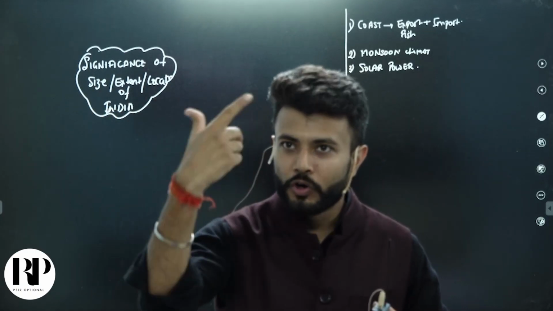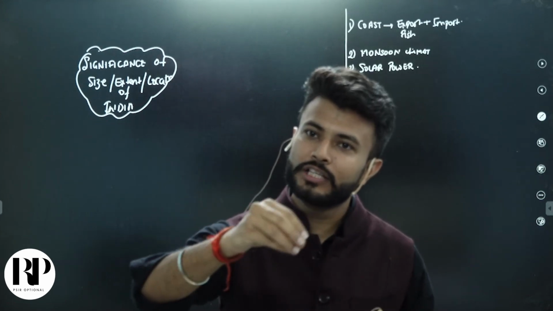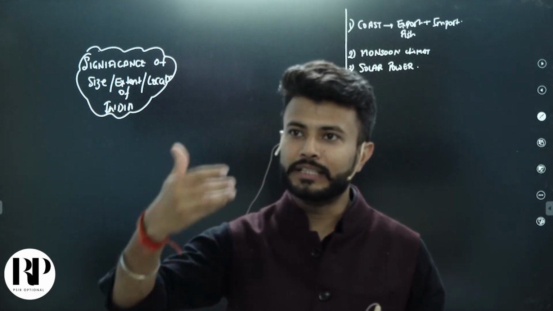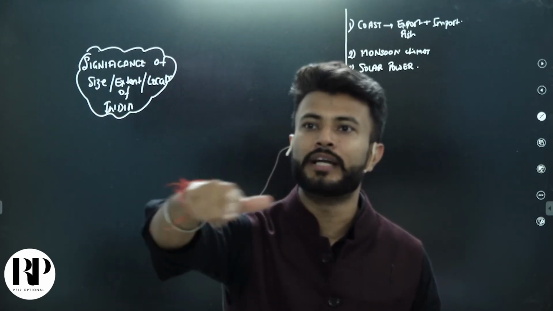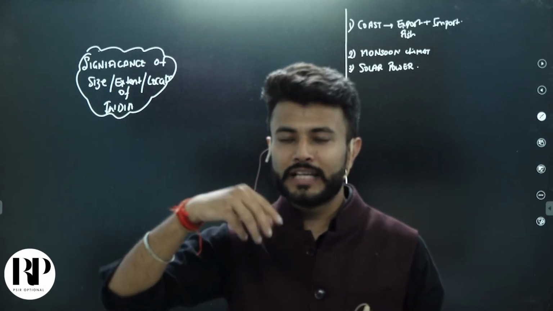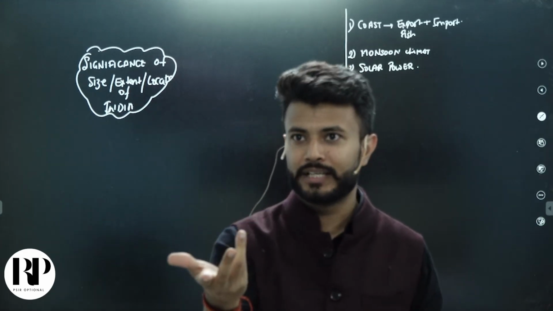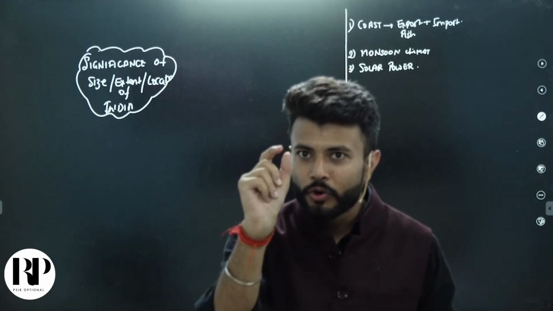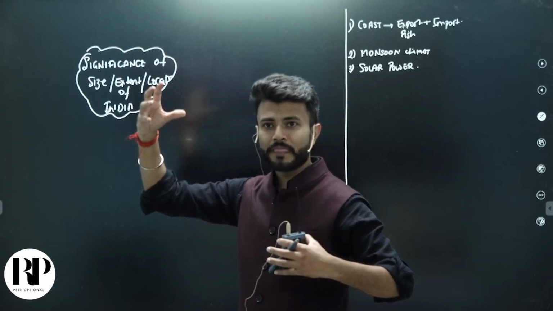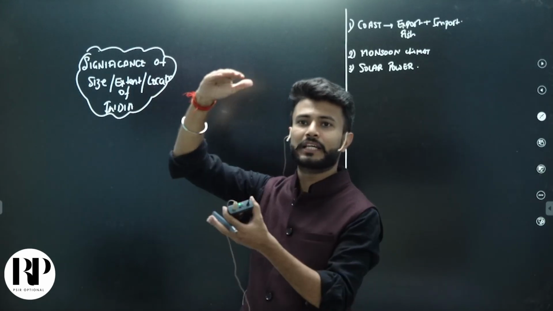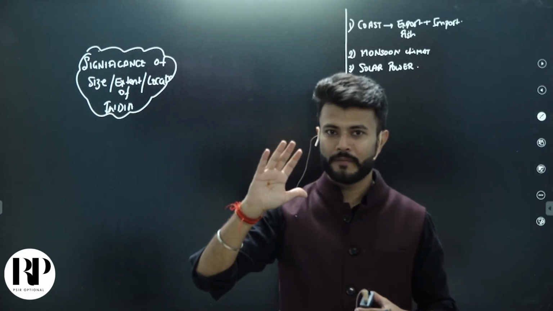Your point would be true for any country, whether small or large, because a country by definition is a geographical entity having political boundaries and sovereignty. Even a smaller country has its integrity. So the crux of the question is that India is big and located in a particular range of latitudes. How is this beneficial for India? This is the question.